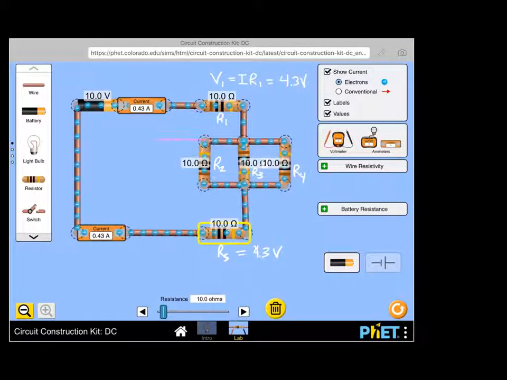So what's the voltage drop on this parallel piece of the circuit? You have 8.6 eaten up on both ends of the parallel branch. That leaves behind 1.4 volts. So we can verify that.